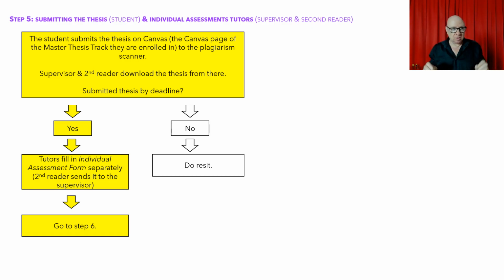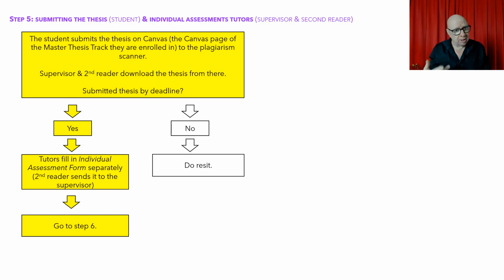You do that in the plagiarism scanner on the Canvas page of the mini course you're doing. And then you'll send an email to your supervisor and the second reader and you say, I've handed in my thesis in the plagiarism scanner. That way, you have a record of handing it in the plagiarism scanner.